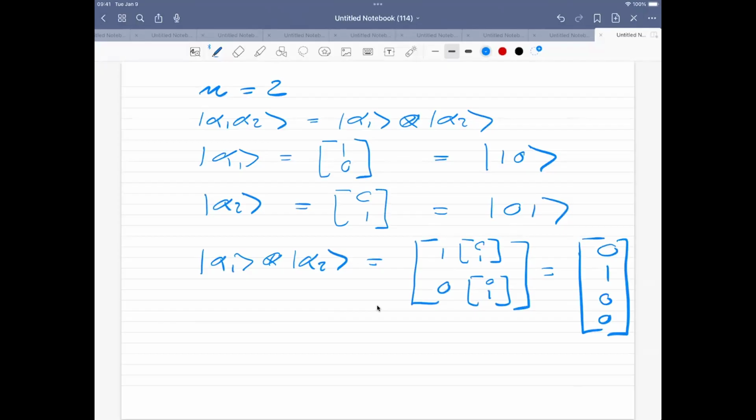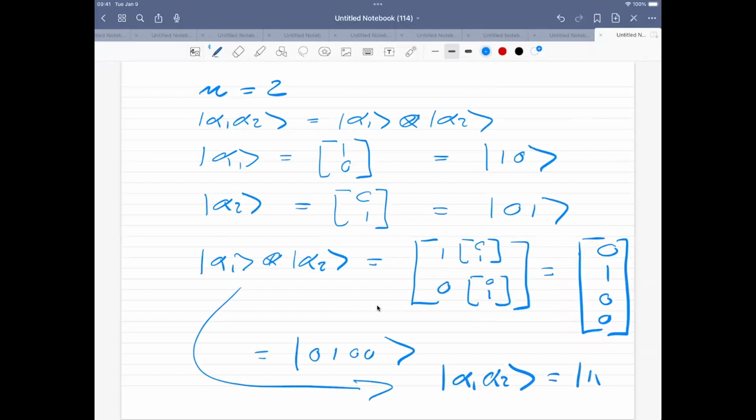So typically, the representation you would use would not be this way of representing it, or this one, and not even this one, because this is something you could write out as a state which goes like 0, 1, 0, 0, but then it becomes a little bit more clumsy. The typical way we would write this state which you see here would be something like alpha 1, alpha 2, and then you would simply have 1, 1.